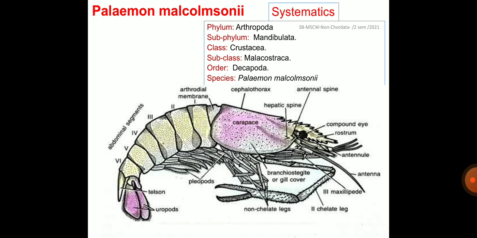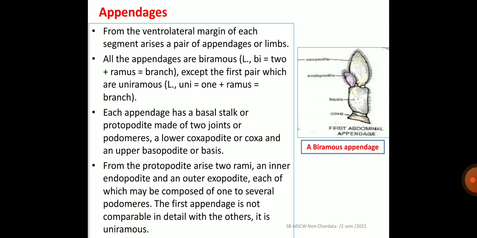And I am going to explain these appendages one by one in a short while from now. And in the last class, I have told you what appendages are. So you can mention appendages are small leg-like structures. So from the ventrolateral margin of each segment arises a pair of appendages or limbs.